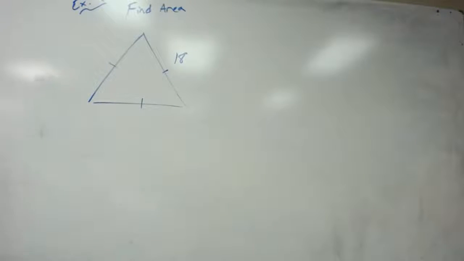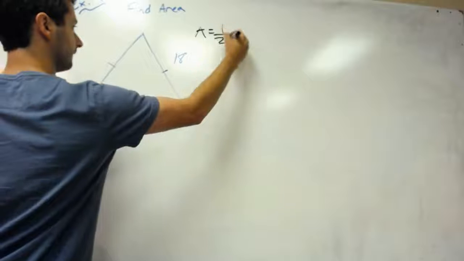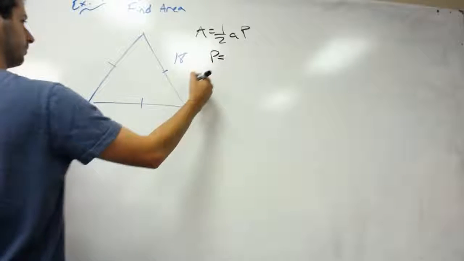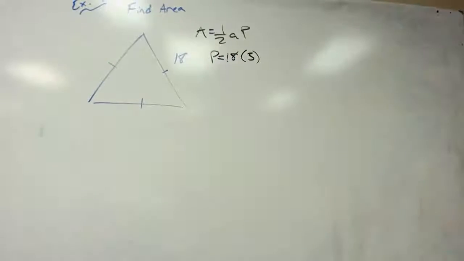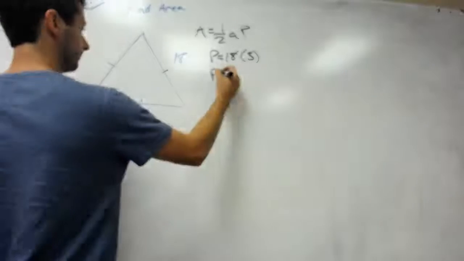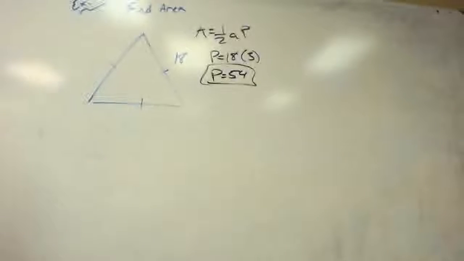But we don't know the height. So what we're going to do is use our formula. We do know the perimeter. Perimeter is 18 times number of sides, 3. 18 times 3 is 54. Thus our perimeter. Now we need the apothem.